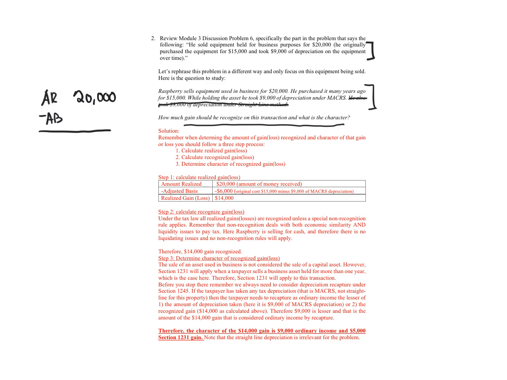So if we calculate the basis, the adjusted basis, right? Think about it. The unadjusted basis is when he acquired it. That's the cost basis. That is the $15,000. We subtract away the $9,000 depreciation, tax depreciation taken. The adjusted basis is $6,000. This gives us a realized gain and recognized gain of $14,000.